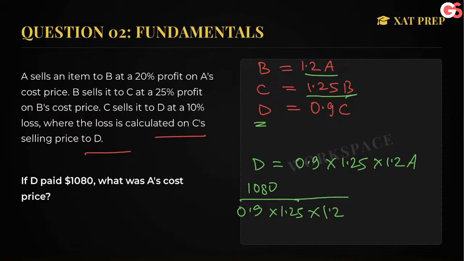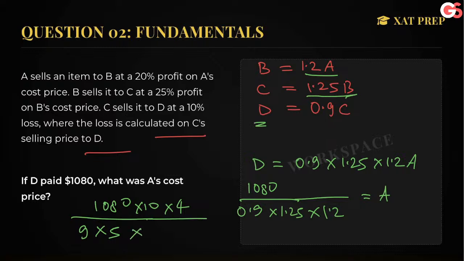By the way, you could also have used ratios, which is a quick calculation way. So if I write it that way, 1080: 0.9 is 9 by 10, 9 comes here, 10 goes up. 1.25 is 5 by 4, 5 comes here, 4 goes up. 1.2 is 6 by 5, 6 comes here, 5 goes up.